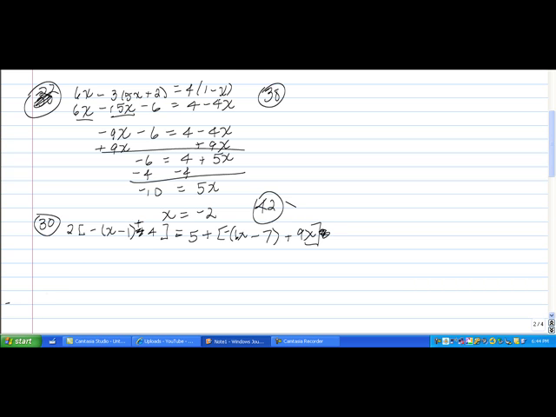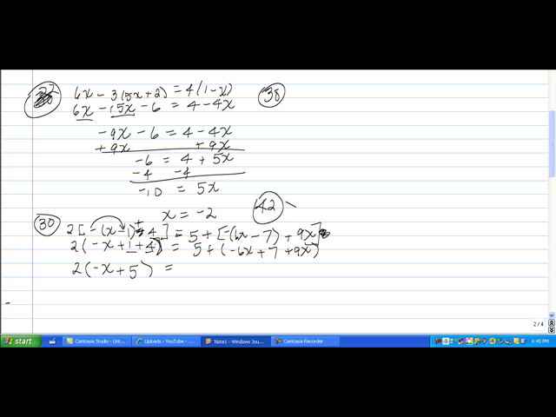So, starting inside here, I'm going to get minus x plus 1, a negative times a negative is a positive, plus 4. Notice the negative there doesn't affect the 4. Equals 5 plus negative 6x plus 7 plus 9x. Now simplify what we have inside the brackets, or parentheses in this case.